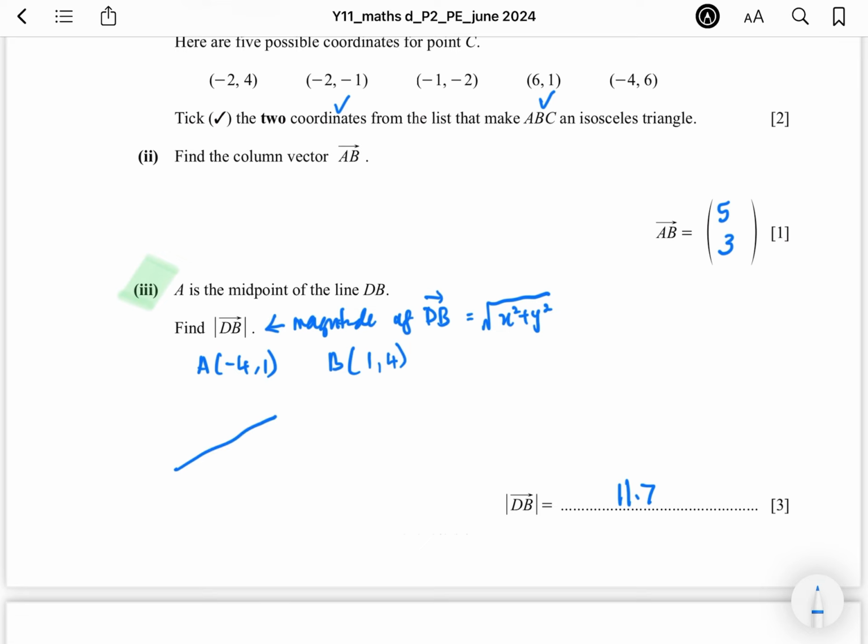Looking at it, if A is the midpoint, that means the column vector for AB is the same as the column vector of DA, and from there you can find the column vector for DB.